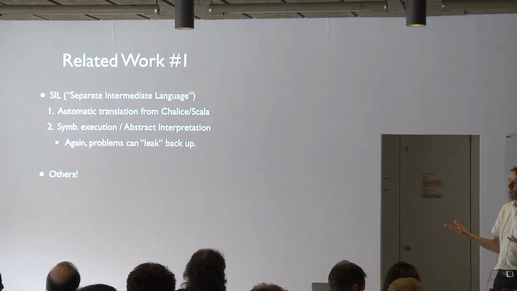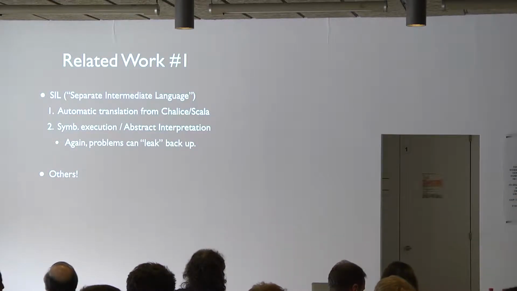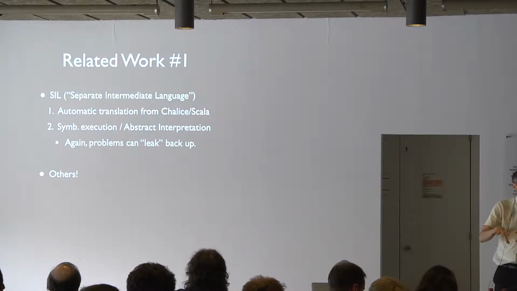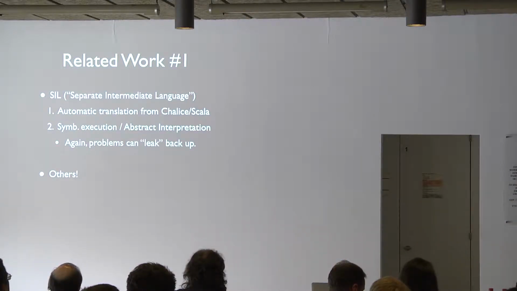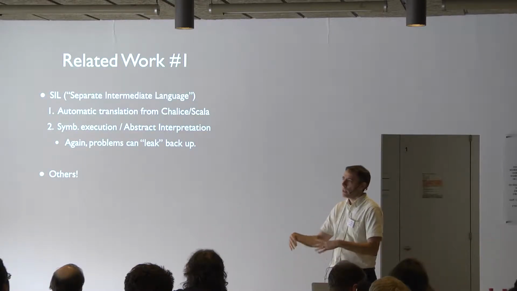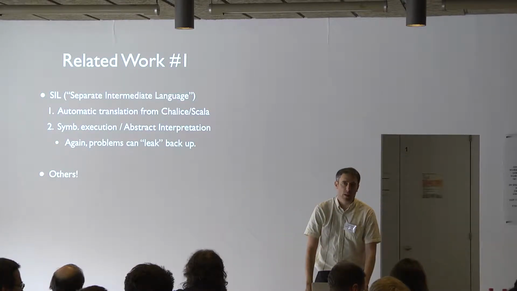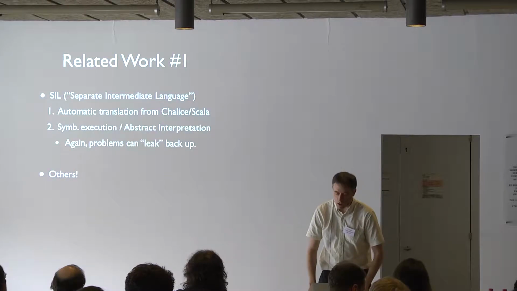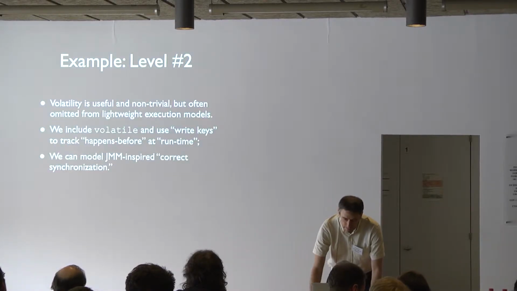We have some reuse of verification here: abstract interpretation, symbolic execution, and other things. But then again, you hit the issue of what if you have problems? There's a known issue about how you handle problems, how they leak back up, and many others. So I'm sure there's going to be time for questions at the end. I'm happy to acknowledge lots of other work people are doing here.